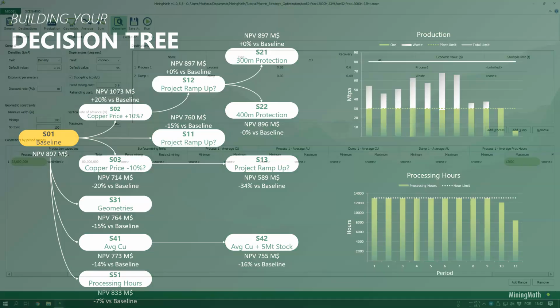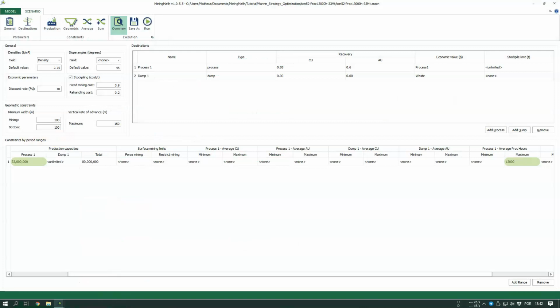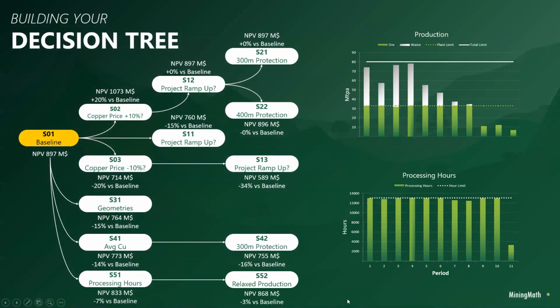So how does this affect the project? Here I'm relaxing, or let's say I'm increasing the production capacity of my plant by 10%, so 33 million tons per period, and also keeping the same processing hours. What are the changes in this regard? Here I'm managing to recover value because I increased the production capacity, and the processing hours are still the same.